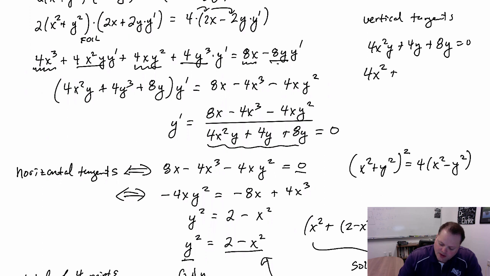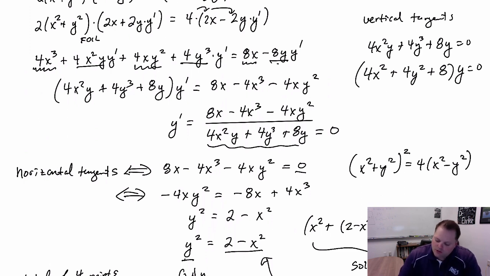because the y term pulls out. 4x squared y plus 4y cubed, right? Yeah, sorry, I had a little mistake there. That should have been a 4y cubed. So pulling out the y, we'd have 4y squared there. And then we would have 8 there, y equal to 0.